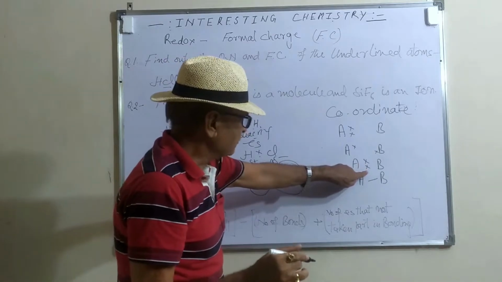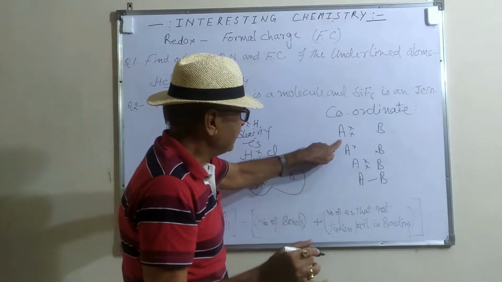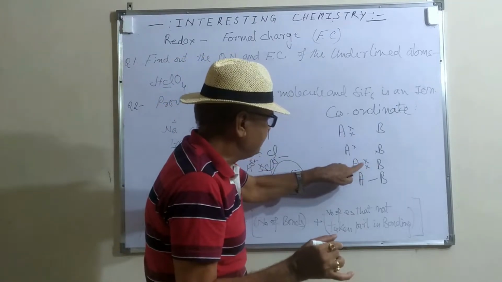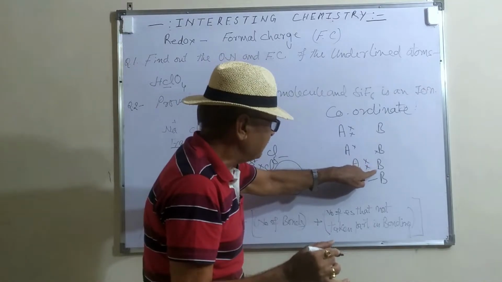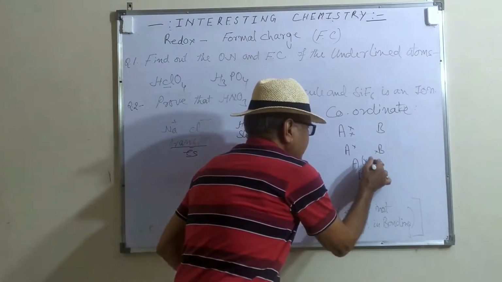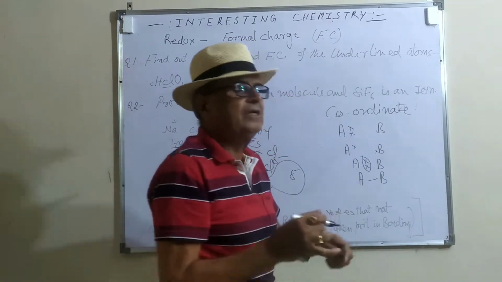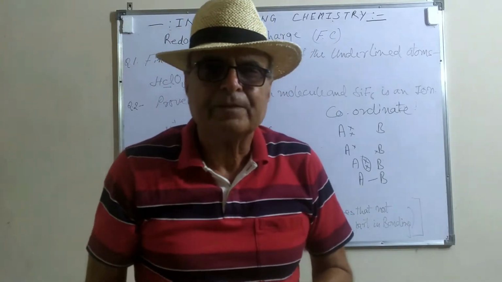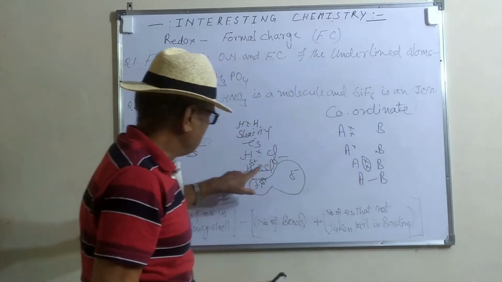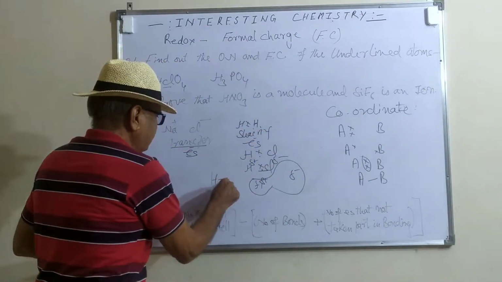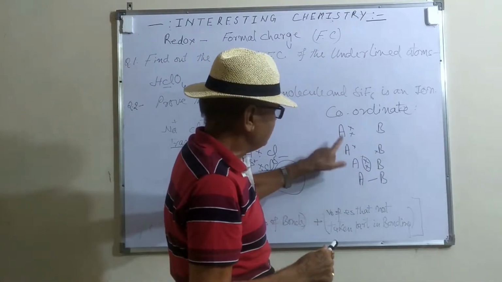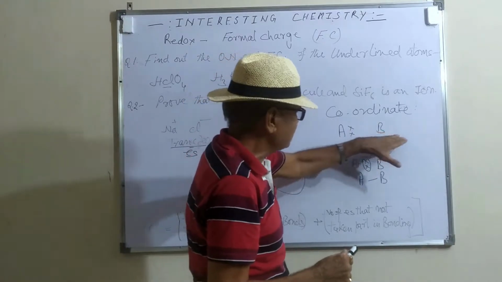These both electrons are of A, but now as B is bonded with A, B also has some right on this electron pair. So here A and B are bonded, but if we show the bond like a covalent bond, it doesn't tell us who is the donor and who is the receptor.